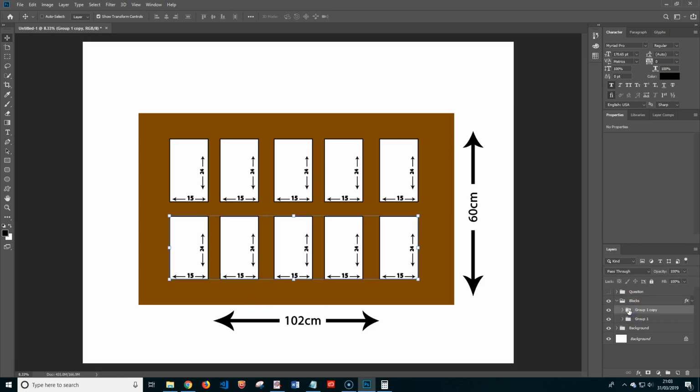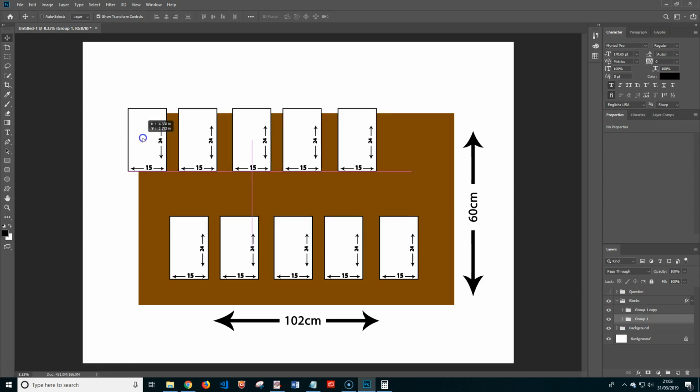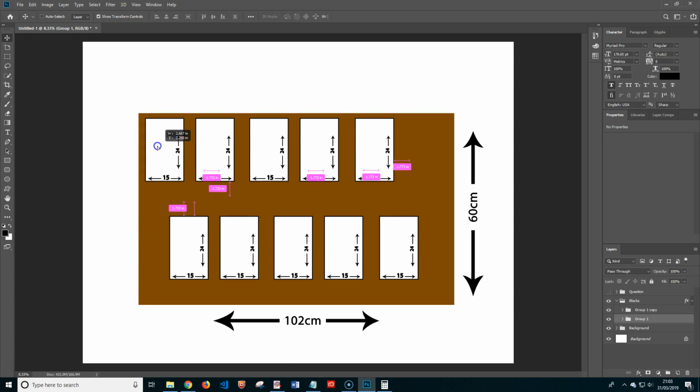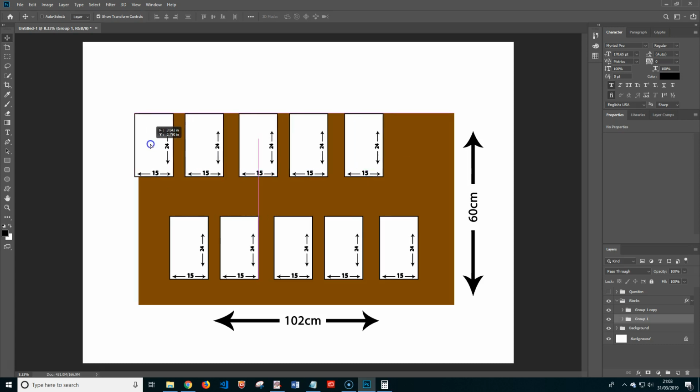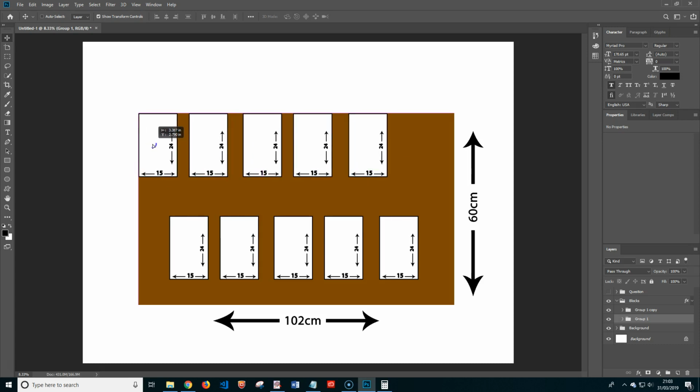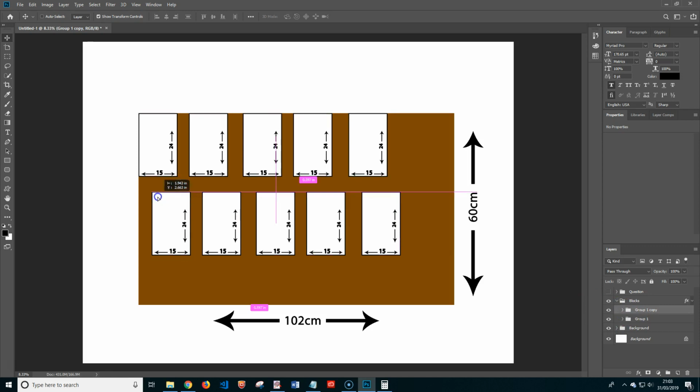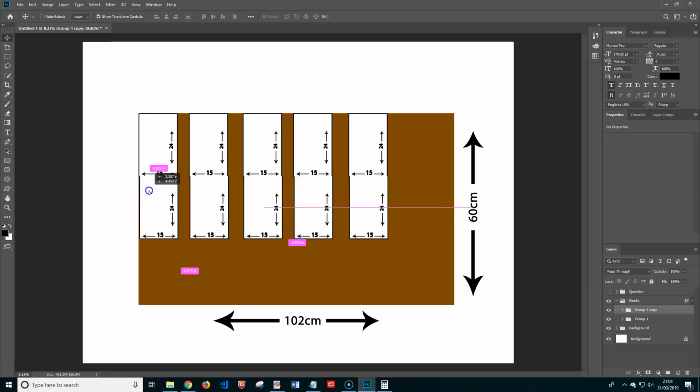So if we grab these squares and put them all up at the top, in the top corner. There we are. And if we grab the bottom ones and put them all up on the top, join together.